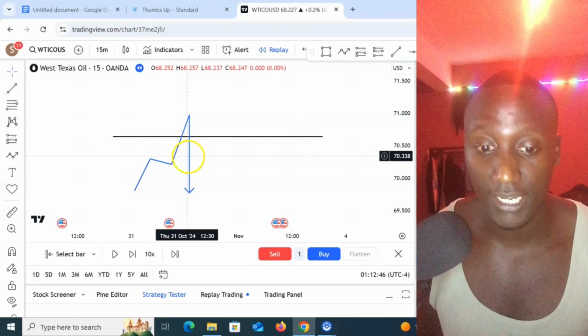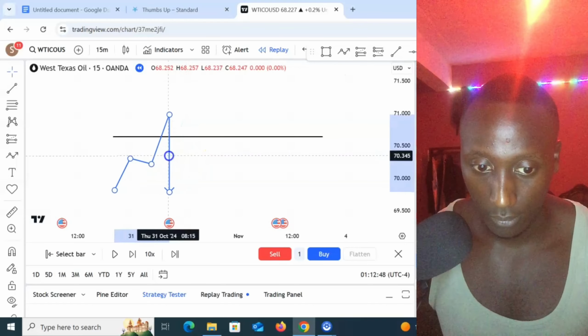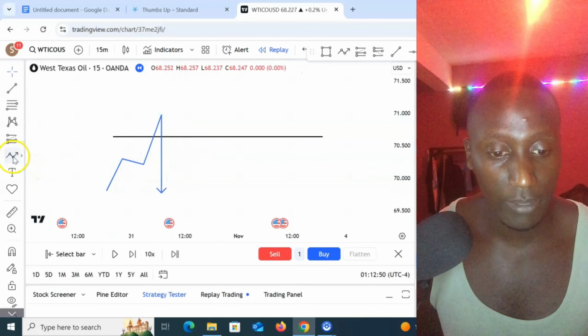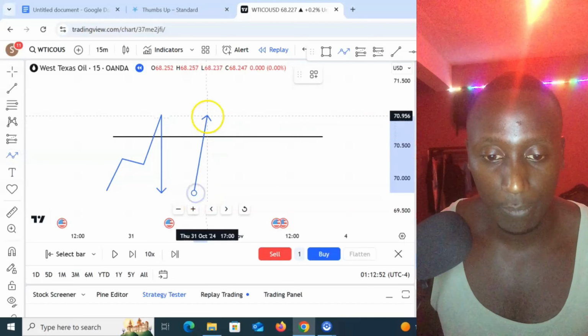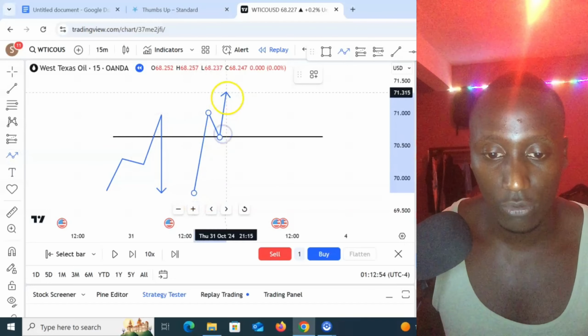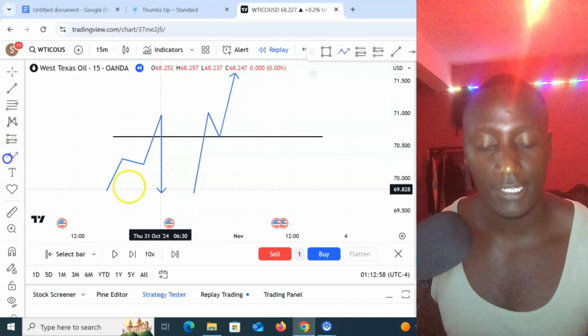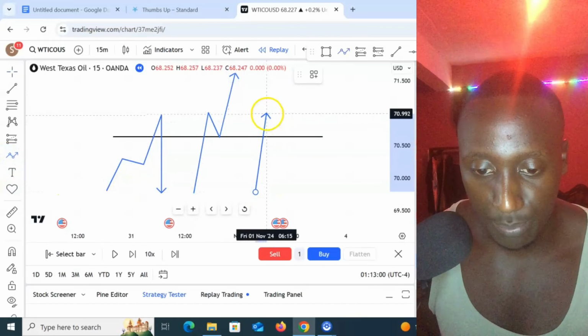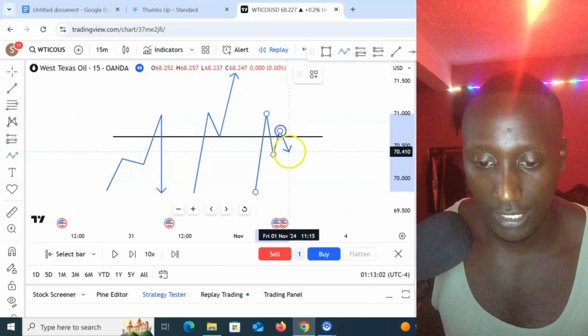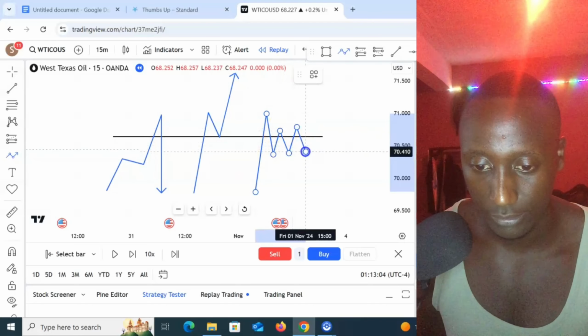That is the first scenario. Scenario number two is price can break out and continue with the trend. And then scenario number three is price can break out and then start ranging.